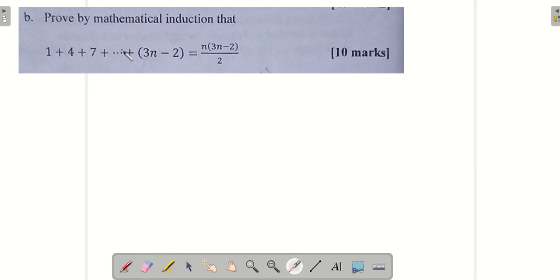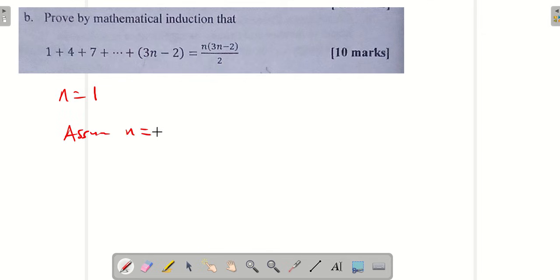Now the last question we are supposed to solve is mathematical induction. I will not get time to solve this because we have solved a lot of mathematical induction questions. So take your time and solve this question. Start with the base case where n is equal to 1. Then move on to the assumption stage.